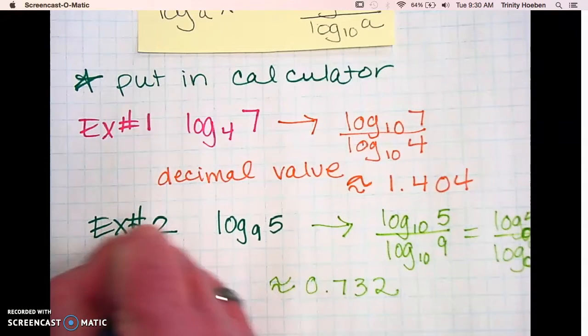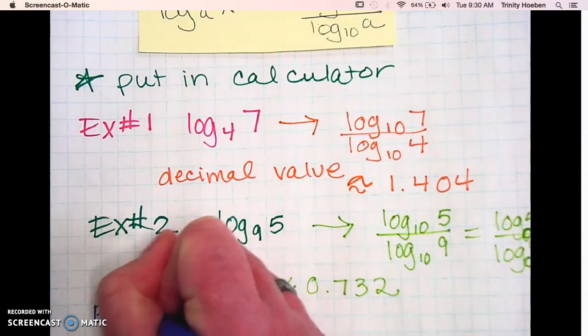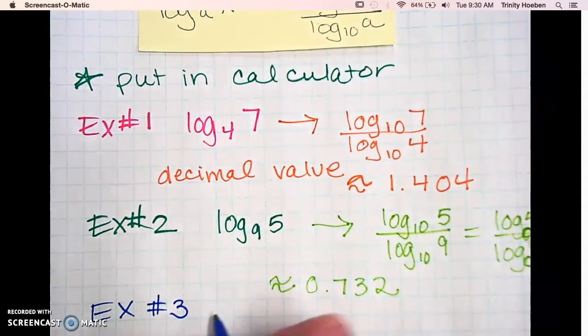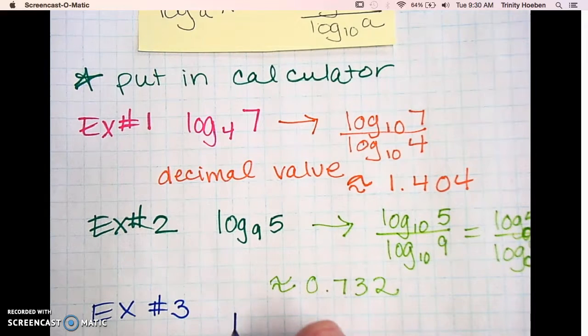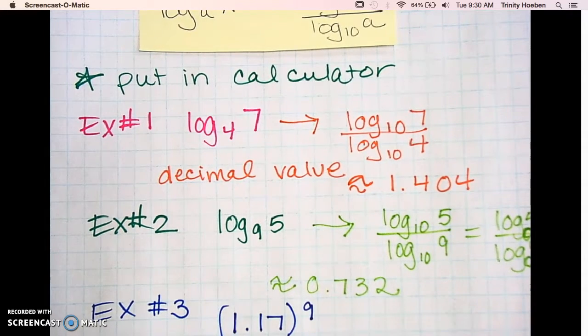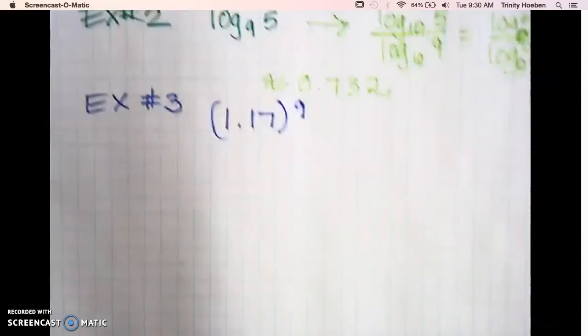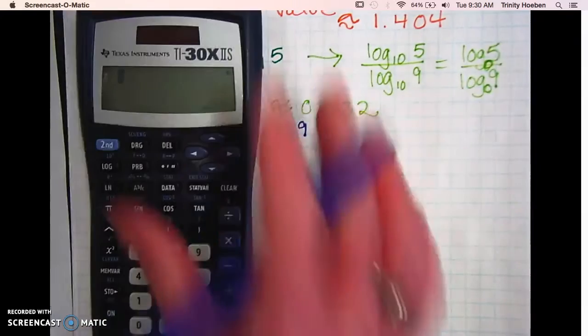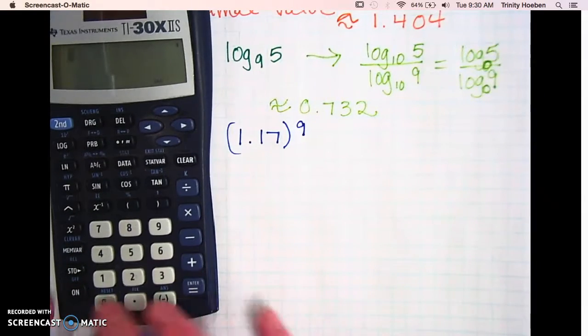So example number 3, we're going to just practice typing in a calculator an exponential, 1.17 to the 9th power. We're going to do this on the calculator. Just a reminder how to do this. I think we've done this once.